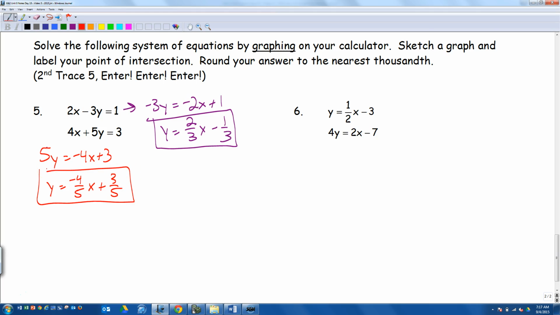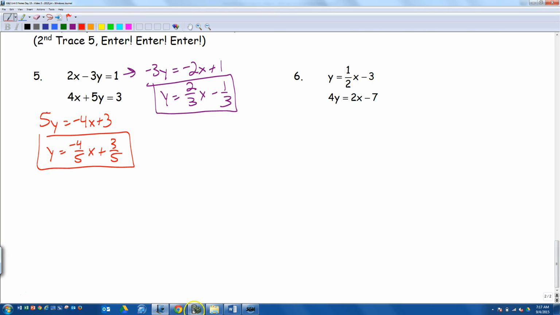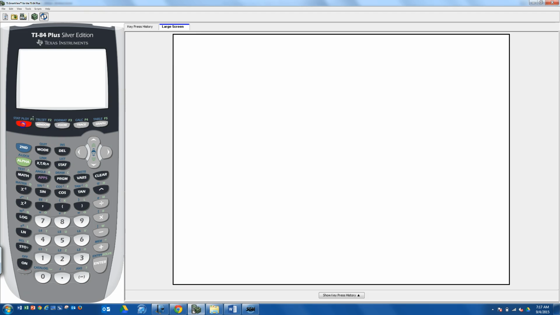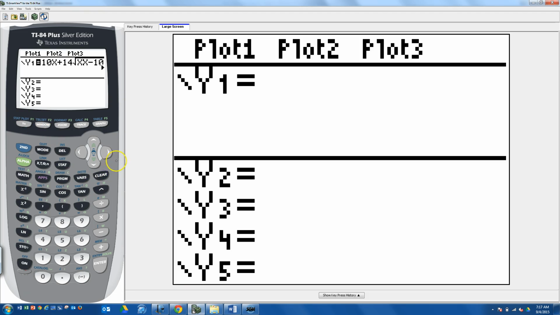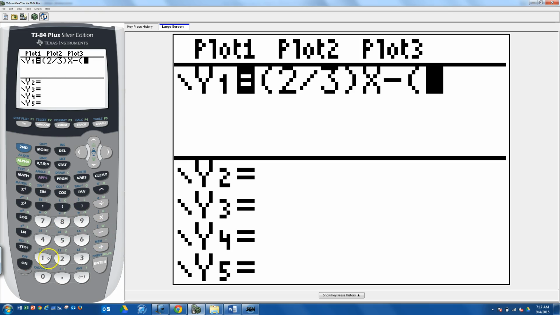So at this stage, you go to your calculator. I'm going to bring my calculator up. And you want to type in your y1 and y2. So 2/3 x minus 1/3.